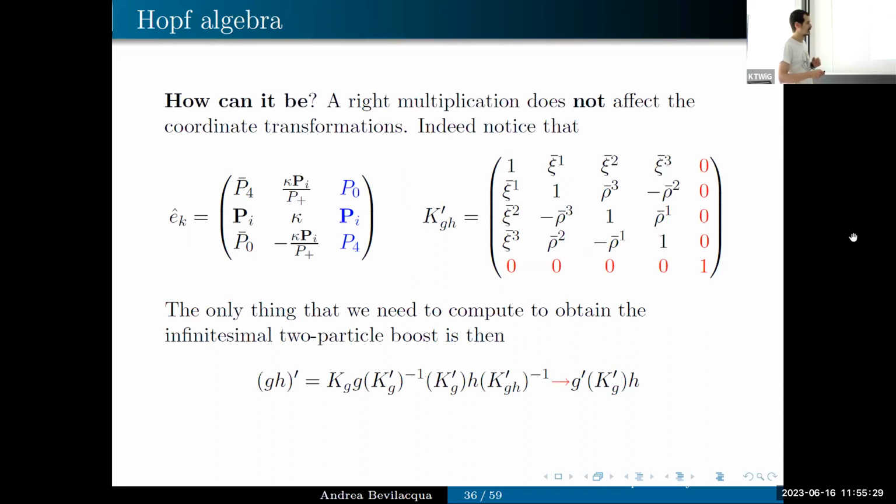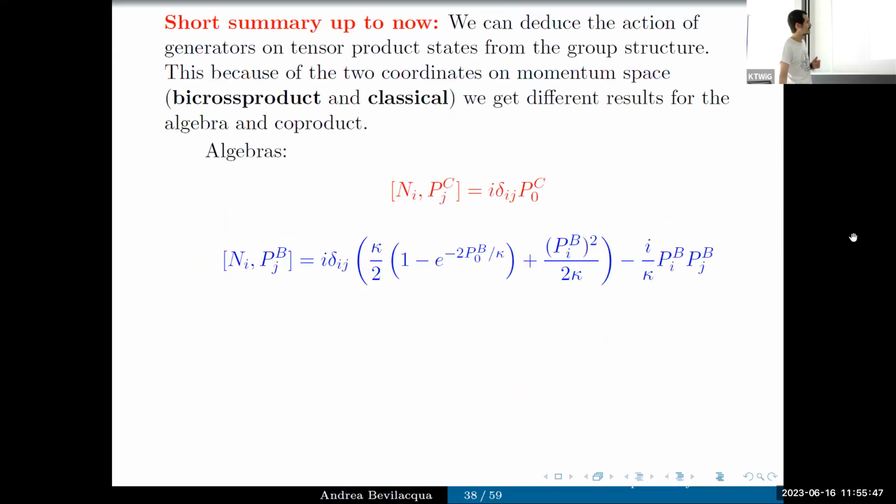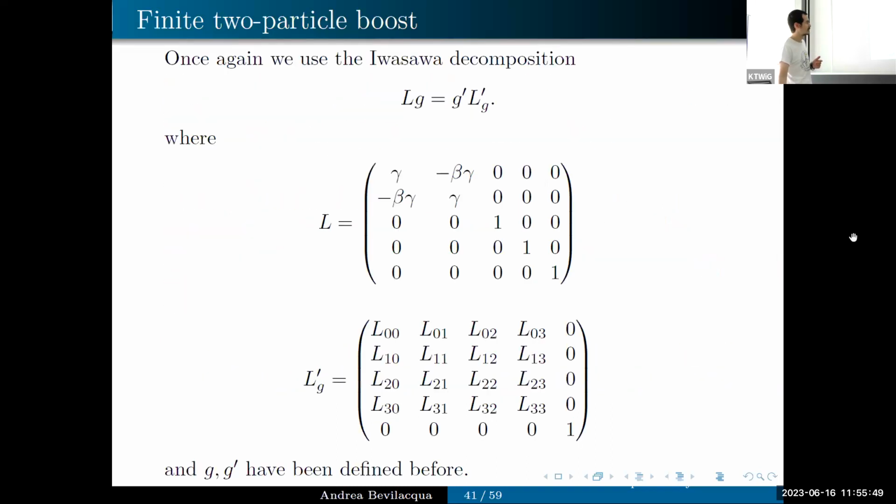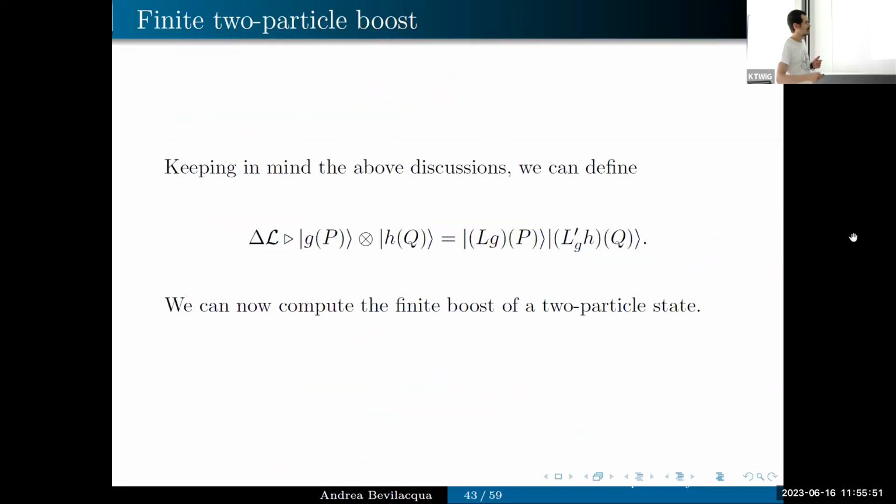Yes, see this k g minus 1, k prime g minus 1. Yes, this is 1, and this is irrelevant. So you get okay. So you're boosting the first, and then boosting the second with this L prime G.